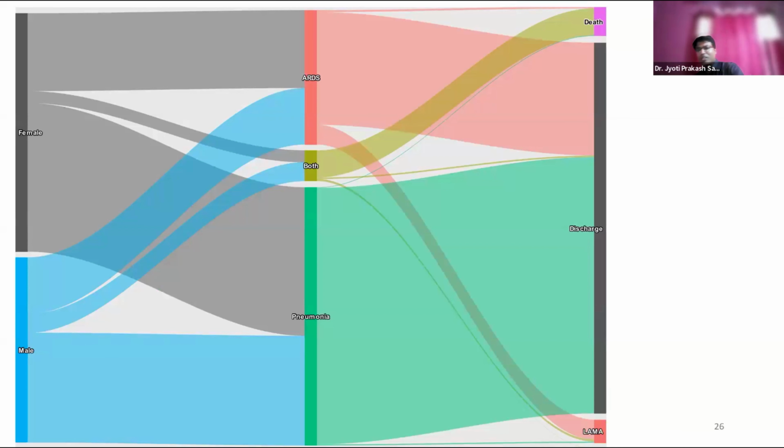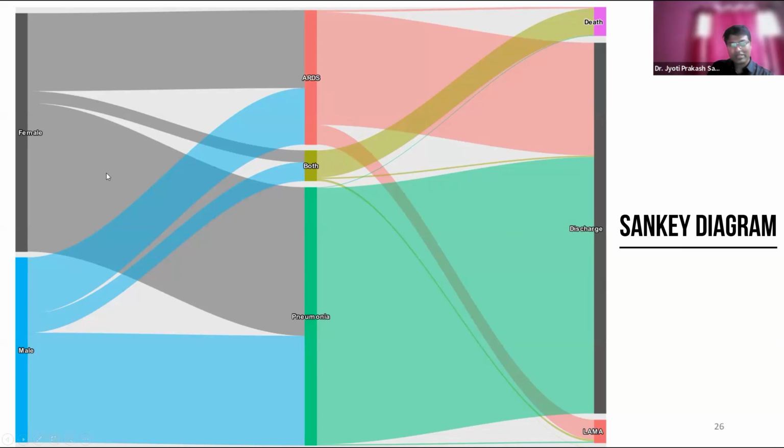So this is something new. Sankey diagram. Sankey diagram shows association between the adjacent parameters. It's an interactive plot, not here. It's an interactive one, but in the slide, I can't show the connection. Here, the Sankey plot describes the association between the gender, the disease, and the outcome.